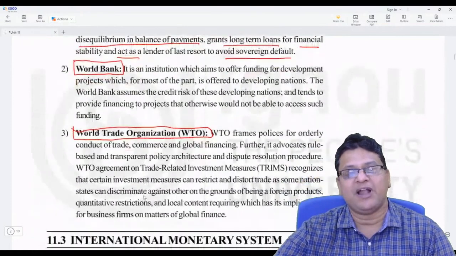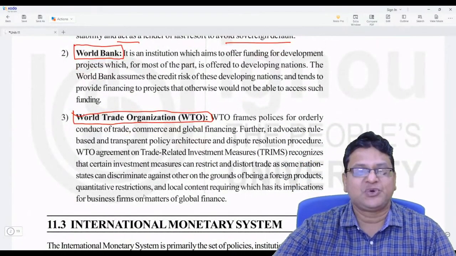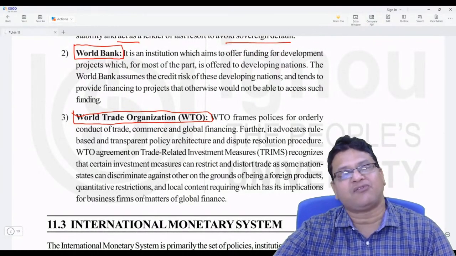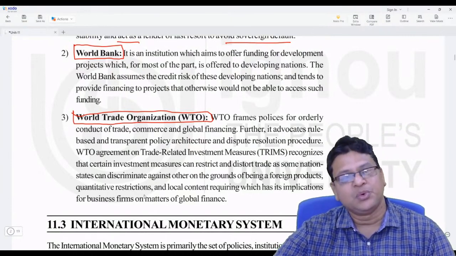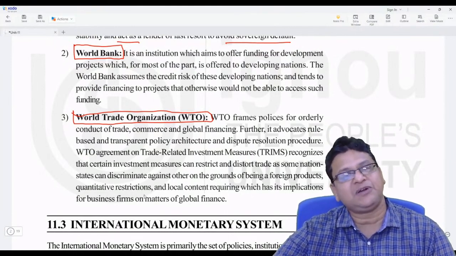Next one is World Bank. What is World Bank? IMF and World Bank are two institutions which were created during the Bretton Woods Conference. After World War II, there was a conference in New Hampshire at the Hotel Bretton Woods, that is known as the Bretton Woods Conference.